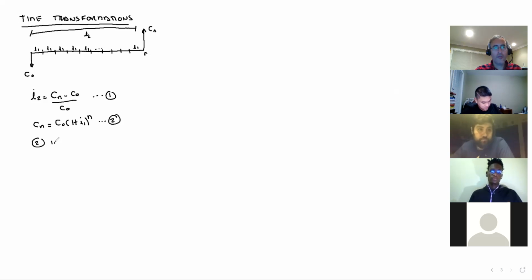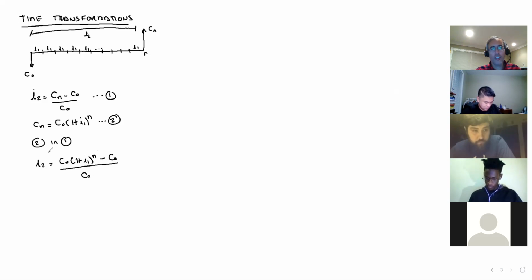So I2 is going to be equal to C0 (1 plus I1) to the n minus C0, over C0. So all the C0s cancel out, and then I2 equals (1 plus I1) to the power n minus 1.